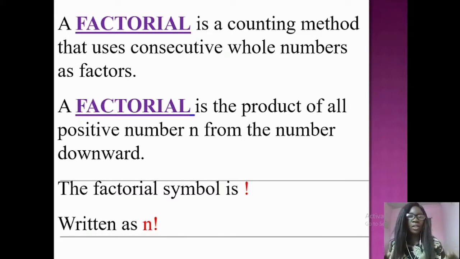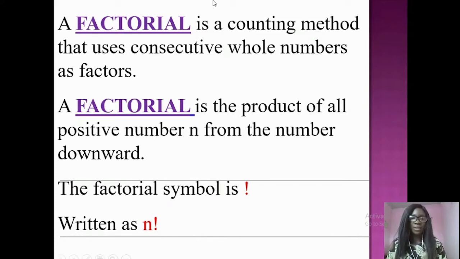When somebody says product, what does that tell you? Multiplication, right? Factorial is the product of all positive numbers n. Let's say that number is n. What I mean is the number can be 5. If I say the number is 5, meaning n is equal to 5, the positive numbers n go from the number downward.